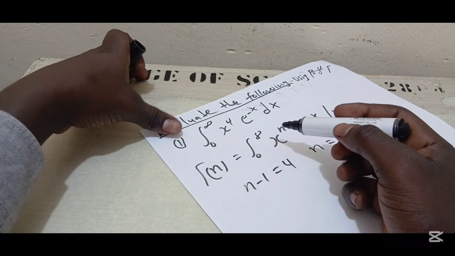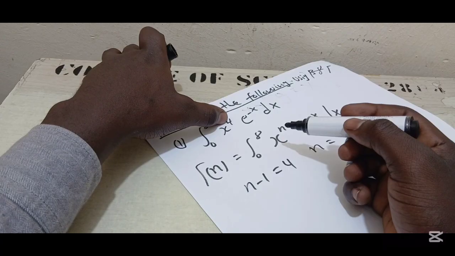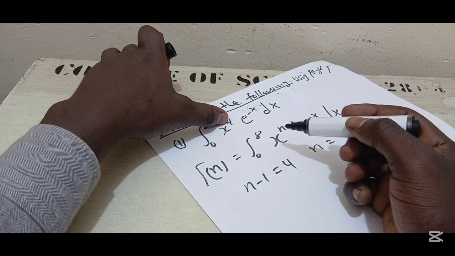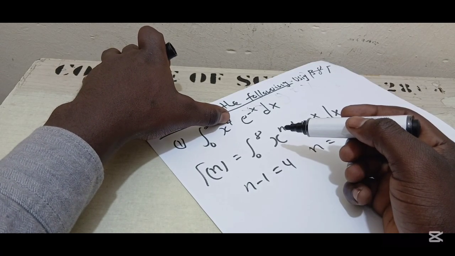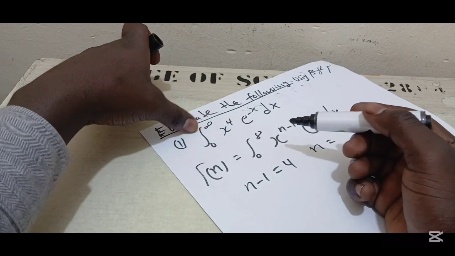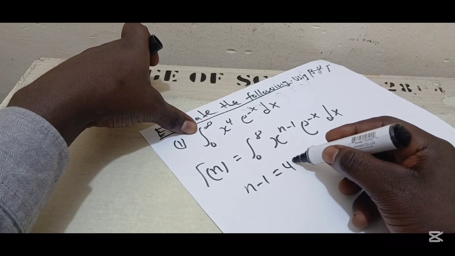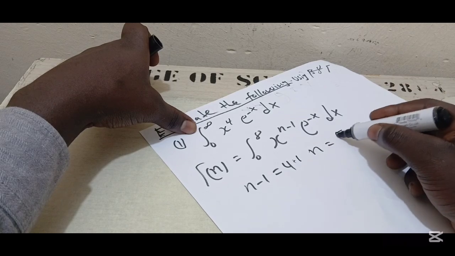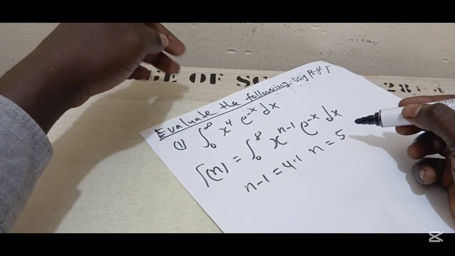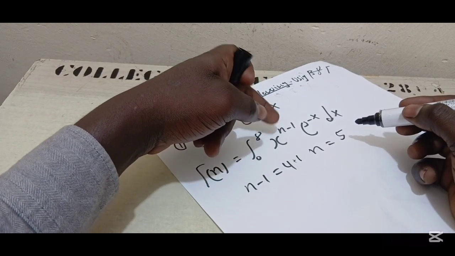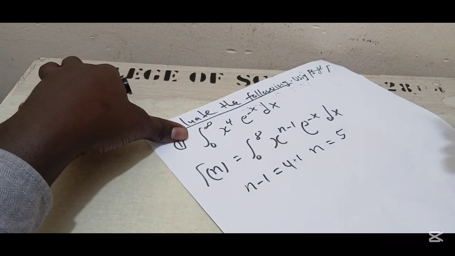I said earlier that our n here equals 3, so it shouldn't be that. This n here, I mean to say 5. So the 1 here crossing will become positive, giving us our n to be 5. Like I told you earlier, mostly our n will be 1 more than the power, so you have to include that one.